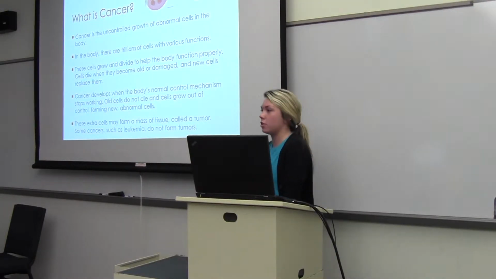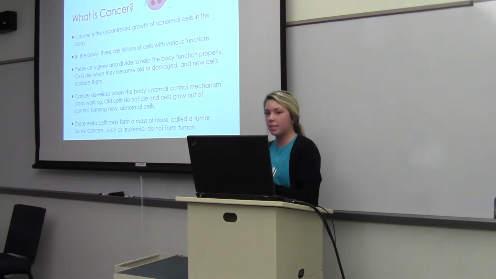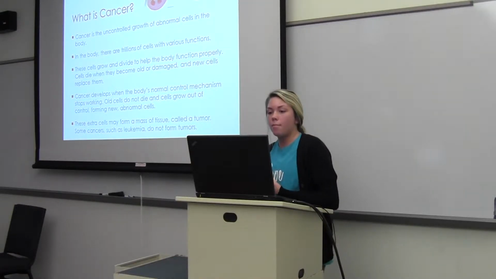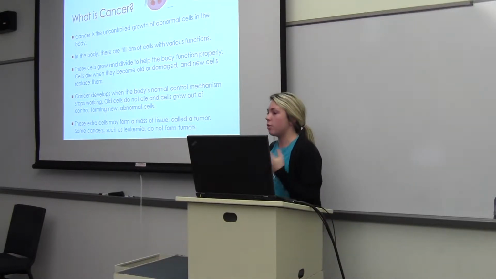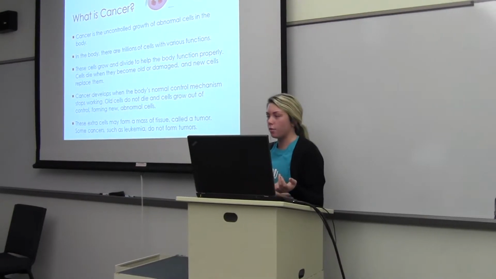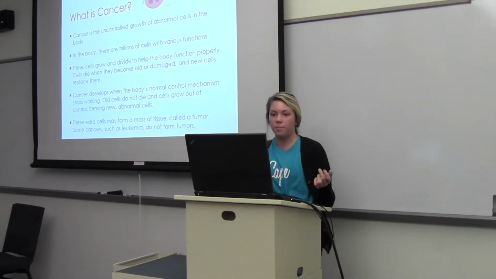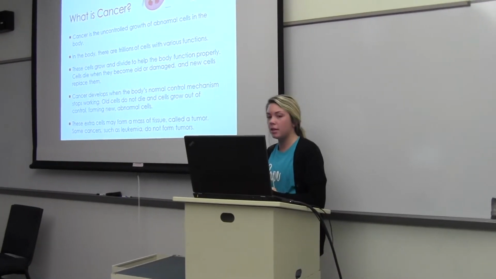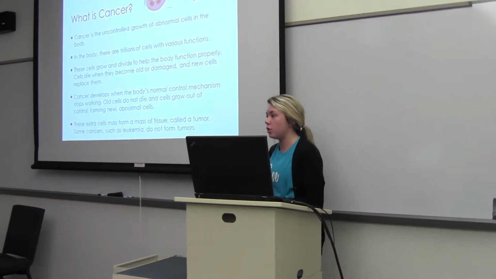Okay, so what is cancer? Cancer is basically an abnormal cell, and a tumor is a collection of abnormal cells. In the body, there's trillions of cells, so everywhere in your body there are cells that are reproducing every single day, and they divide and they help the body function properly, and cells die and they become old and damaged and new cells come.